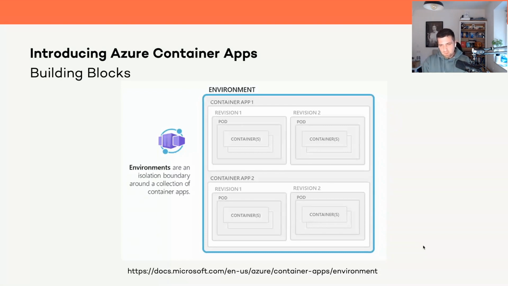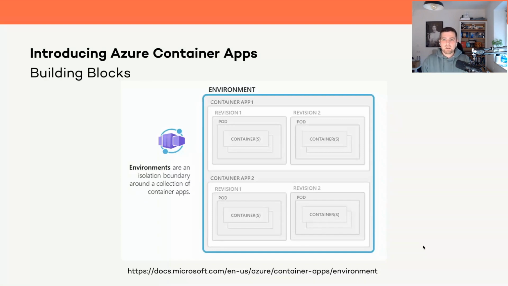The environment is a kind of boundary that integrates with the Azure Virtual Network infrastructure. So that guarantees that there is built-in security on OSI layer 3 and 4, right? Because your workloads will always be grouped together in a container app environment.